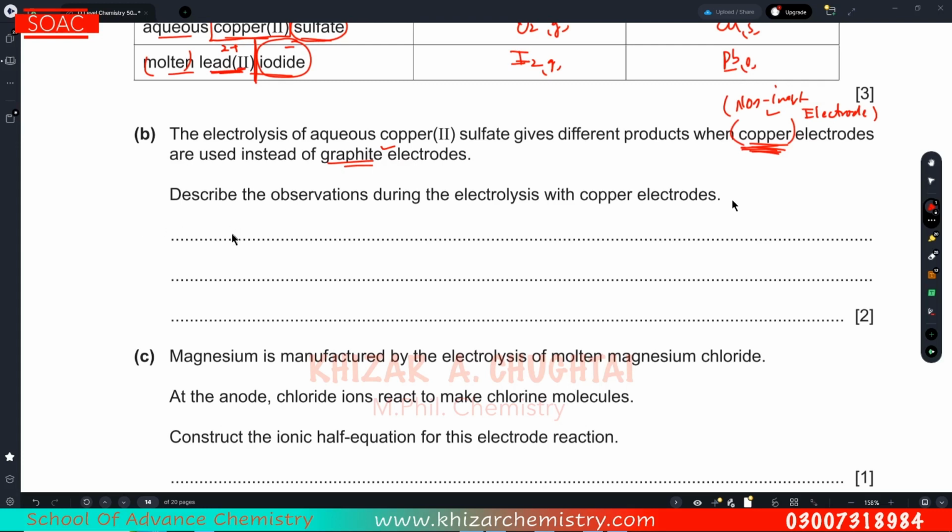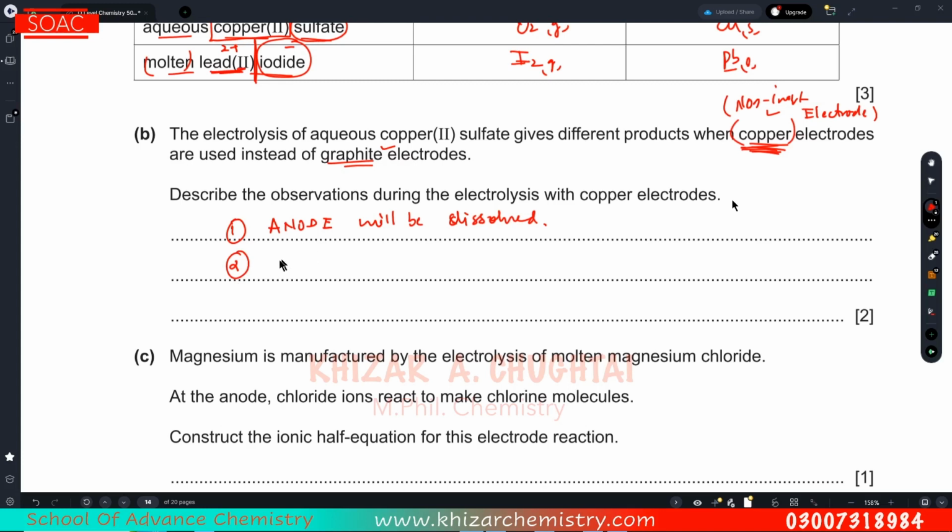So number 1, anode will be dissolved, or it will lose its mass and so on.